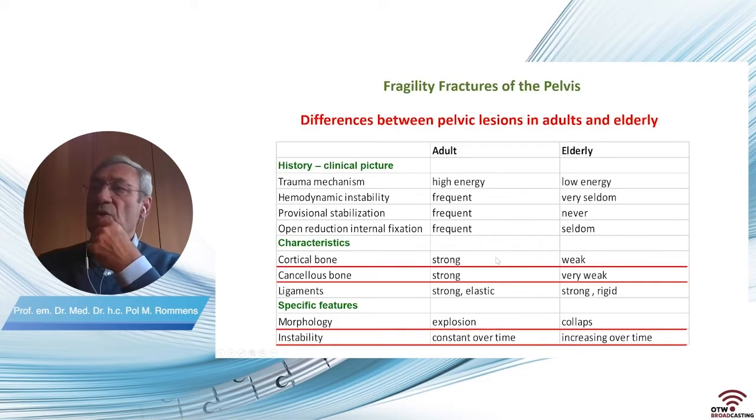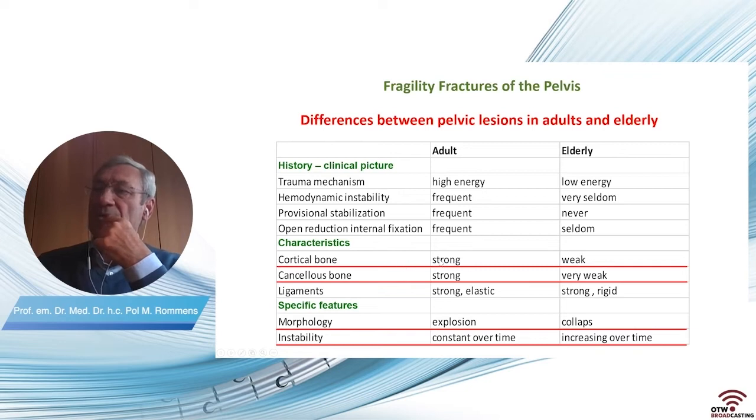That leads us to the question, what are the differences between pelvic lesions in adults and in the elderly? We can say that in adults, we are facing high energy trauma. And in the elderly, we are facing low energy trauma. So falls at home from a standing position as a typical example.